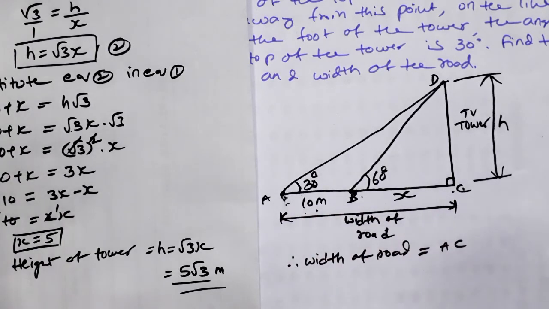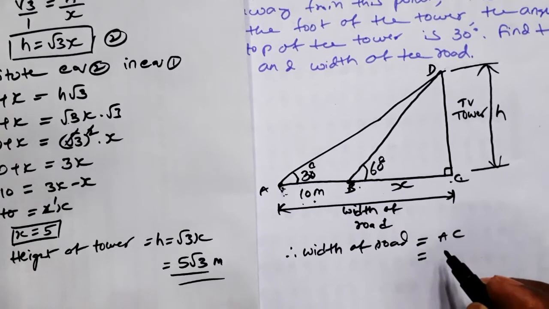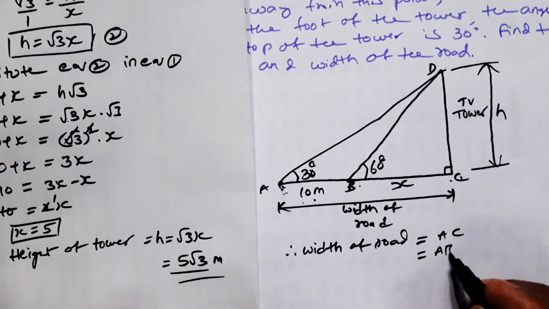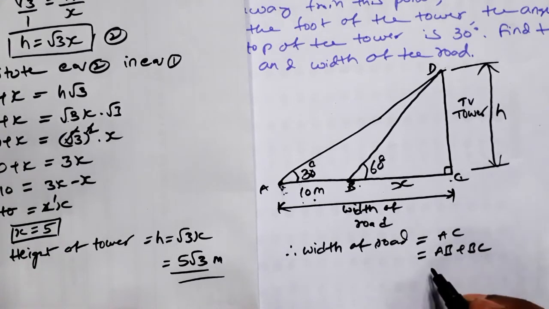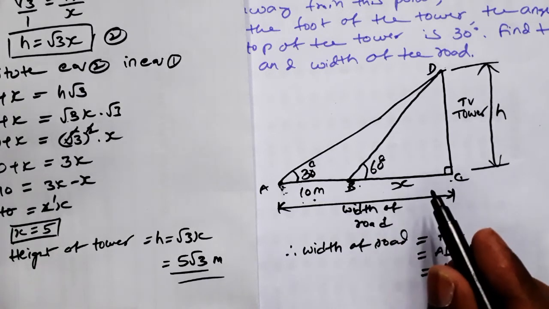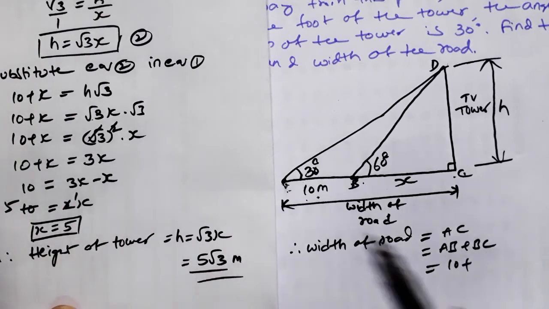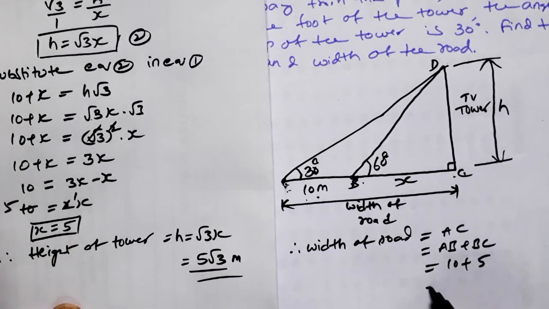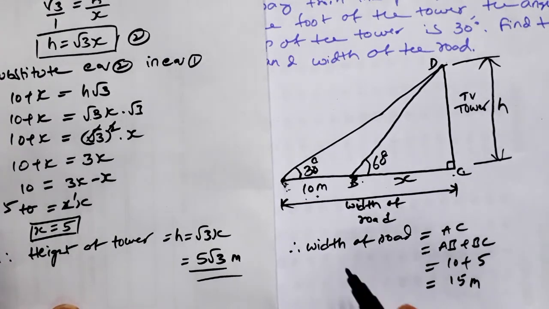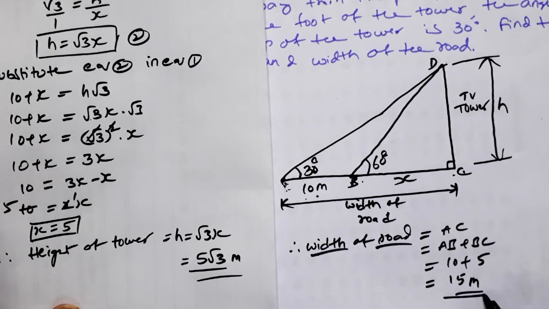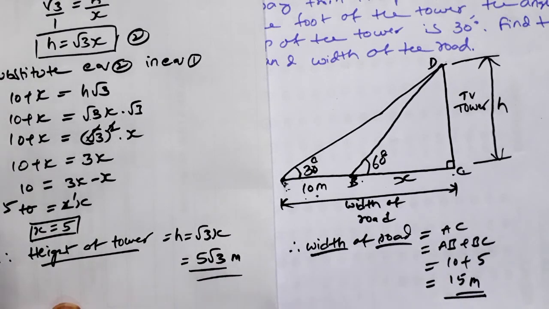A to C is the width of the road, that is nothing but AC means what? AB plus BC. AB 10, BC x. X answer, how much did we get? X is equal to 5. Substitute here. So we will get 15 meters. Width of the road is 15 meters. Height of the tower is 5 root 3 meters. That's it.